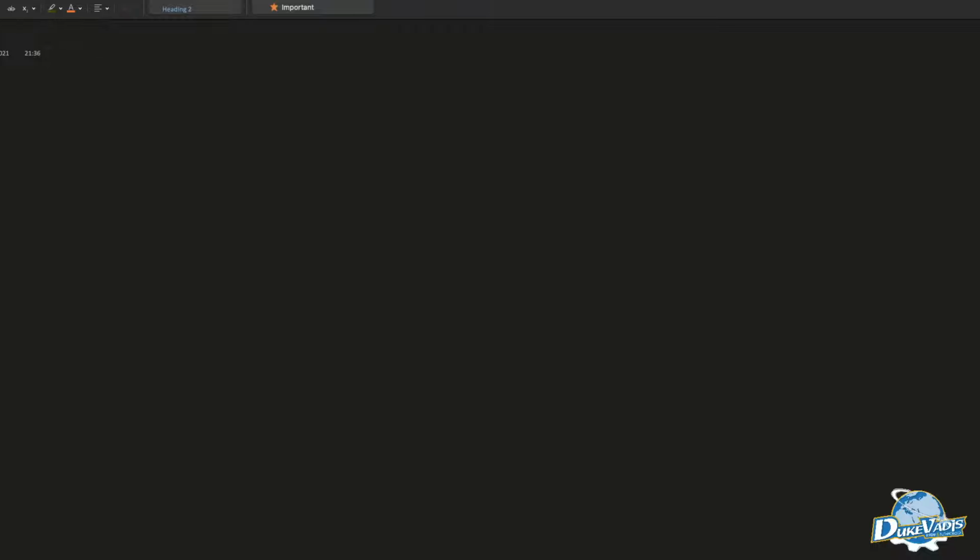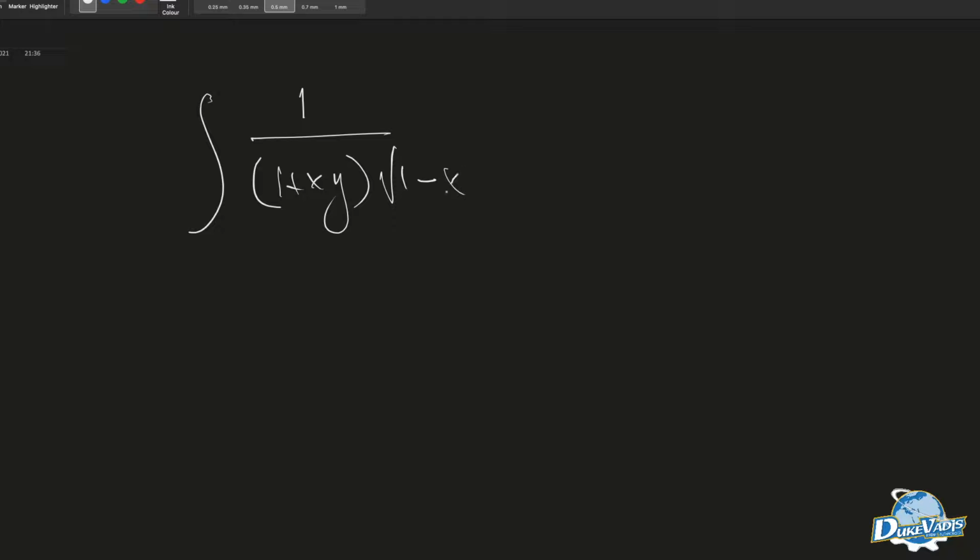The question says, the integral 1 over 1 plus xy into bracket 1 minus x squared dx. Okay, this is the question we have been given to tackle. So let's see the best way to go about this.